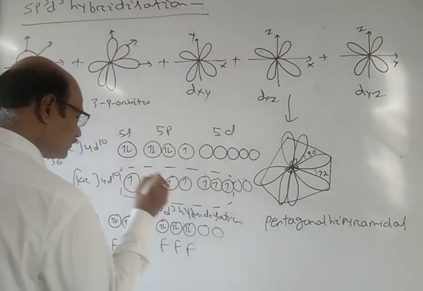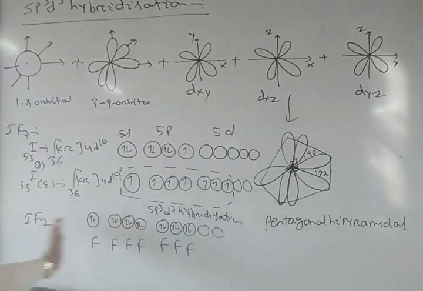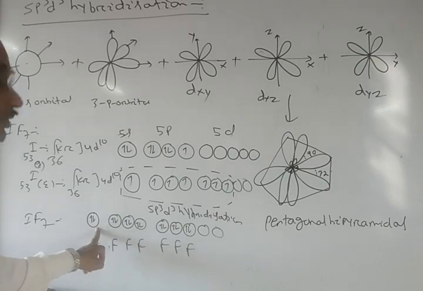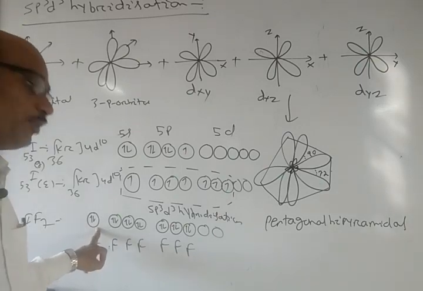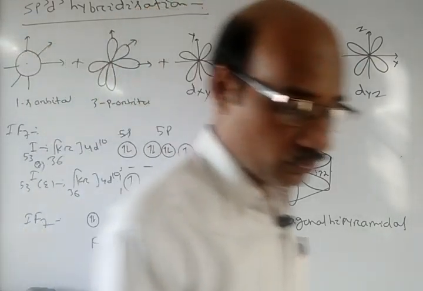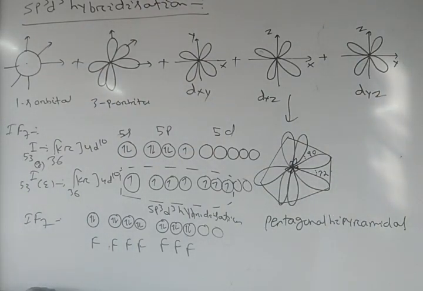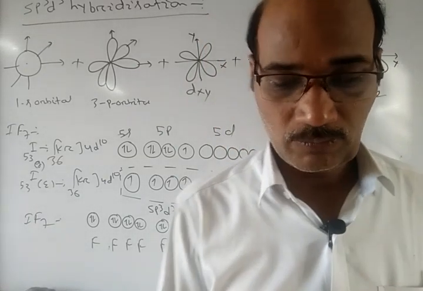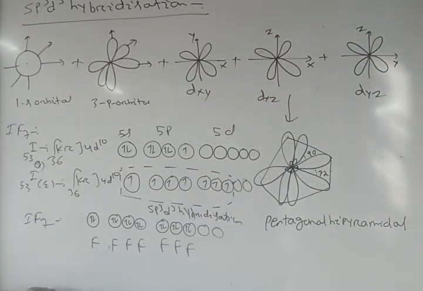So to the iodine, 7 fluorine atoms are attached, forming the IF7 molecule, and this IF7 molecule will have a pentagonal bipyramidal geometry having bond angles of 90 degrees and 72 degrees. So this is all about sp3d, sp3d2 and sp3d3 hybridization.